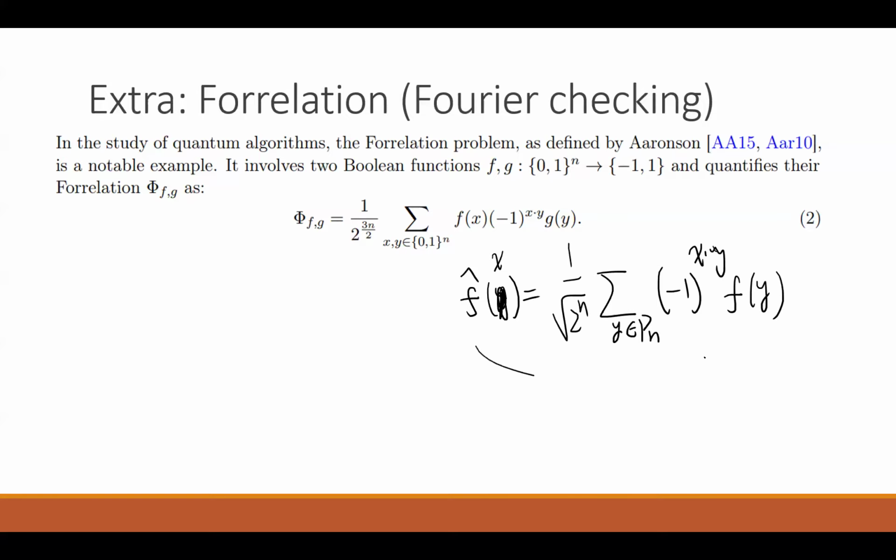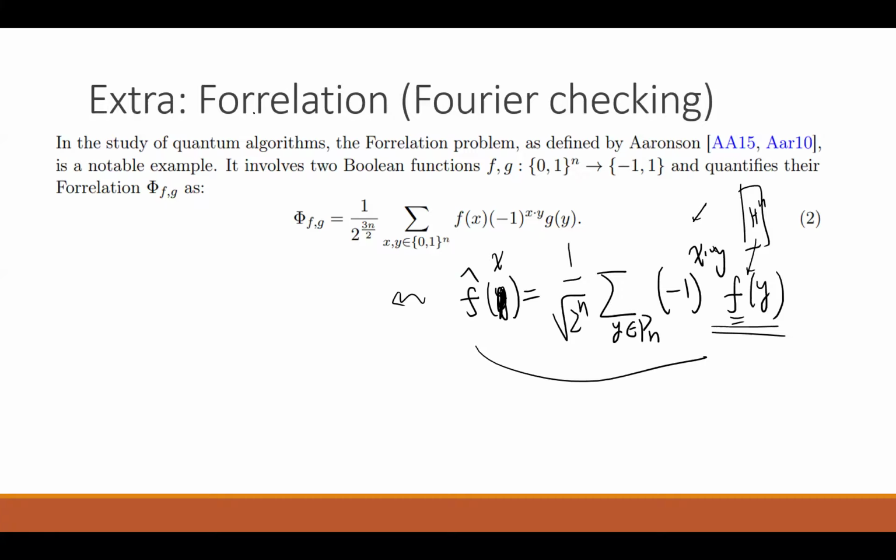You can view this as the definition of the Fourier transformation in the F2 to the n sense. You can see this is basically the Hadamard: you apply the Hadamard on this f of y. So this f hat is basically the Fourier transformation of f.